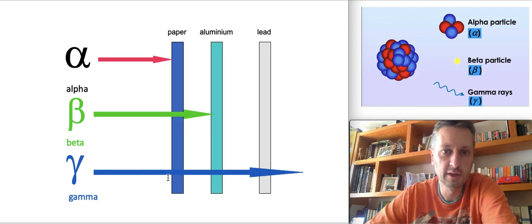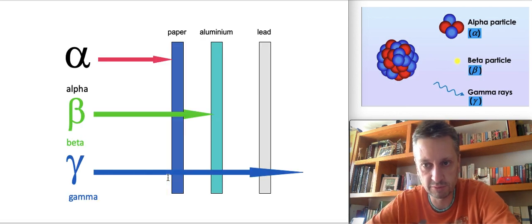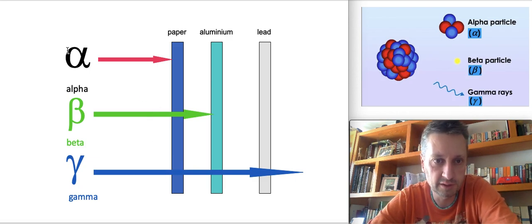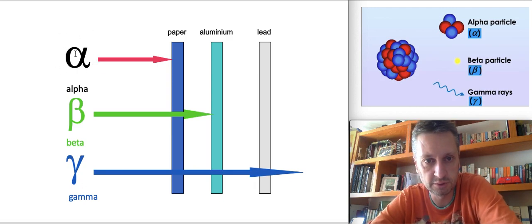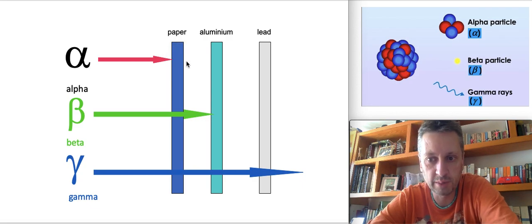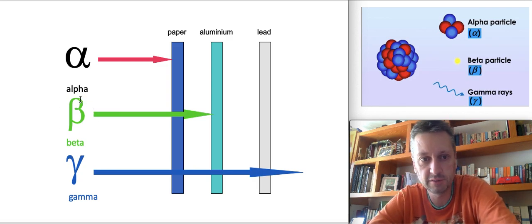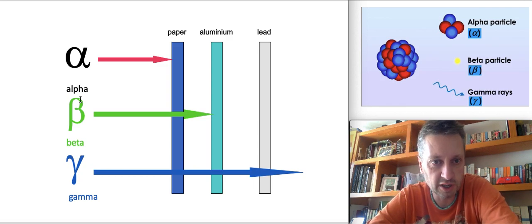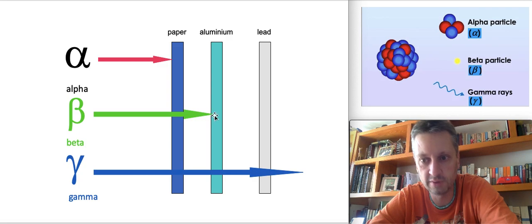Okay, so in summary, 3 types of radiation: alpha, beta, gamma. Alpha, large, slow-moving particles made up of 2 protons and 2 neutrons that can't pass through pieces of paper, for example, but can be very ionizing and therefore very dangerous. Beta particles, tiny, made of electrons, not as ionizing as an alpha particle, but they can pass through paper, but not through a thin piece of metal like aluminium foil.